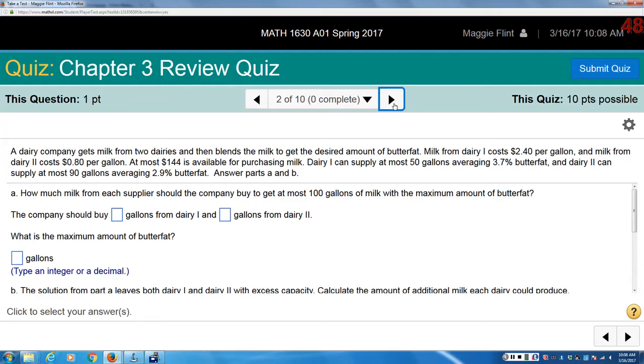Dairy 1 can supply at most 50 gallons. And it averages 3.7% butterfat. Dairy 2 can supply at most 90 gallons.